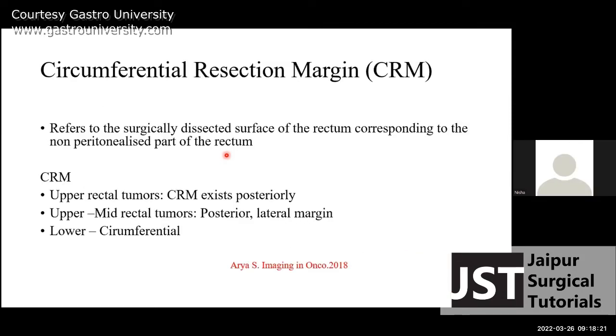Coming to the concept of circumferential resection. Residents who are there as participants, if you don't ask, then I'll have to ask you. Are you all ready? Okay, let me ask, who is Sager? Sager is from? Please unmute yourself.